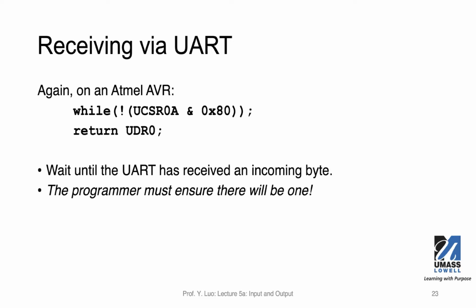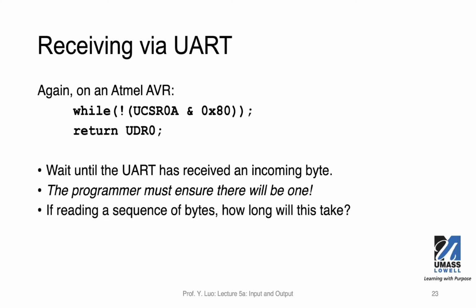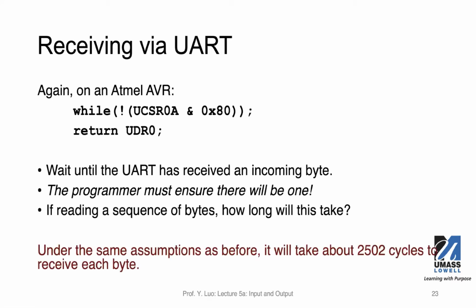So the programmer must ensure there will be one data available before you can proceed. If there's no data available, then your program is going to be stuck here because of this while loop. The reading will take a similar number of cycles as we calculated earlier.